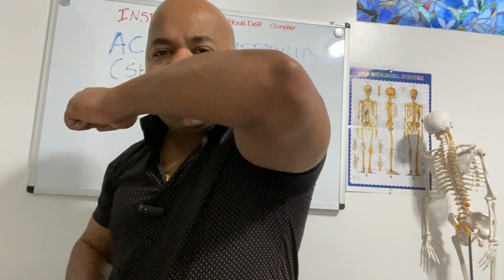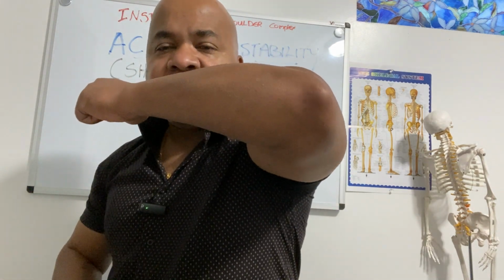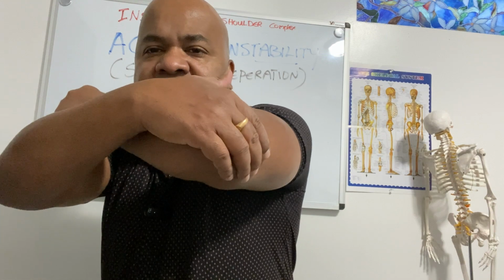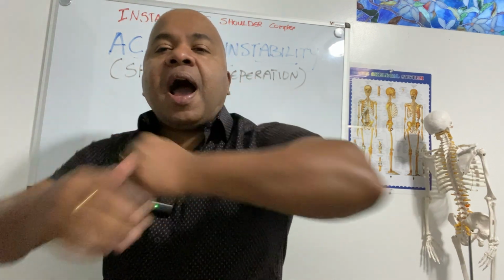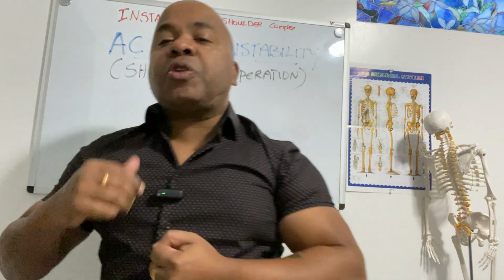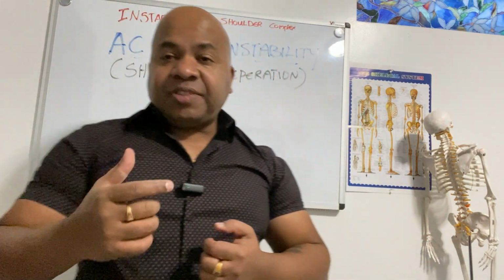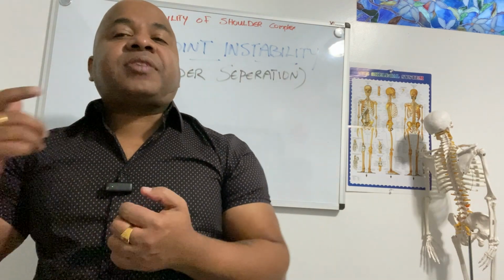The therapist asks the patient to flex the shoulder 90 degrees, flex the elbow 90 degrees, and internally rotate the shoulder. Then the therapist will resist the horizontal abduction, and the patient complains of severe pain. That's called the acromioclavicular resisted extension test.